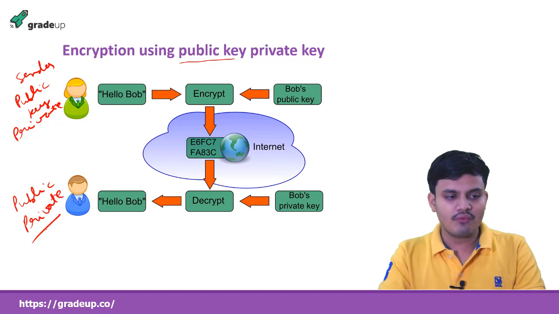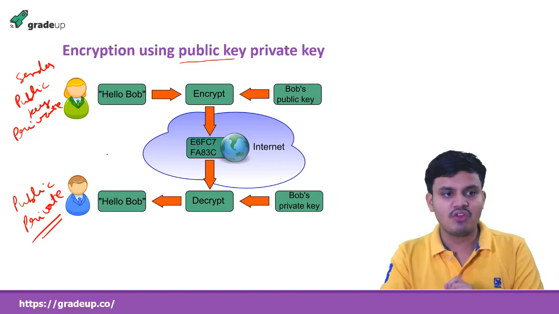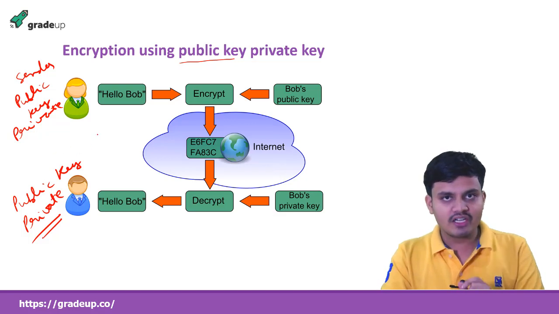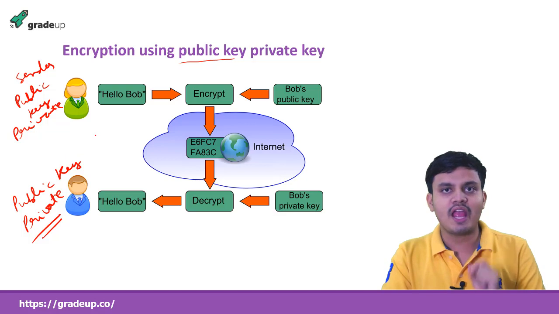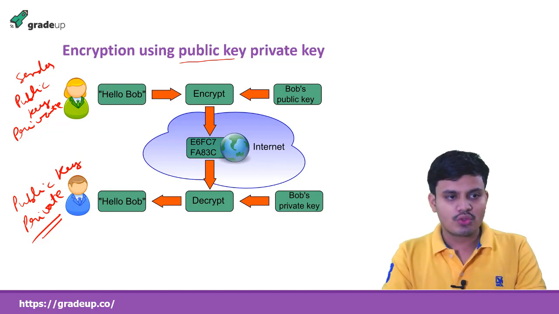One thing is that the private key will be private to yourself, but the public key will be visible to everyone. So the public key of Alice can be accessed by anyone, and similarly the public key of Bob can be accessed by everyone. But the private key will be private to you and nobody else will know about it. That is the difference.